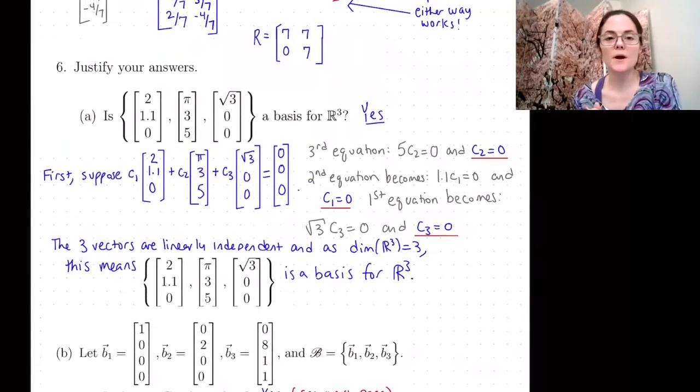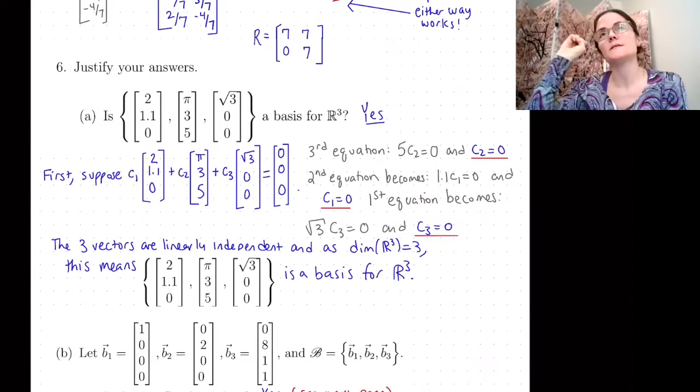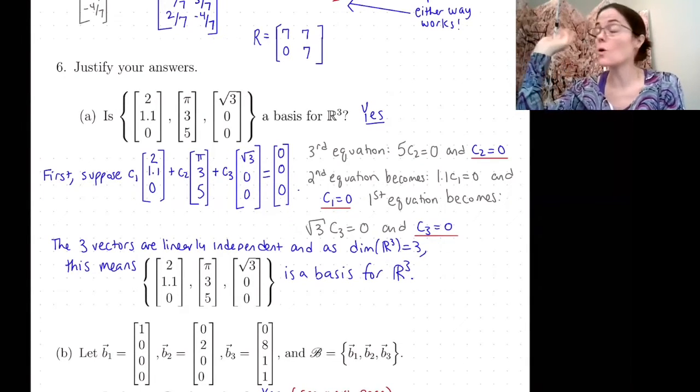Justify your answers. Part A says, is this a basis for R3? Well, I said yes, and then I start justifying it. We have 3 elements, okay? And R3 is 3-dimensional. So anytime we have 3 elements that span a 3-dimensional subspace or vector space, it's a basis.